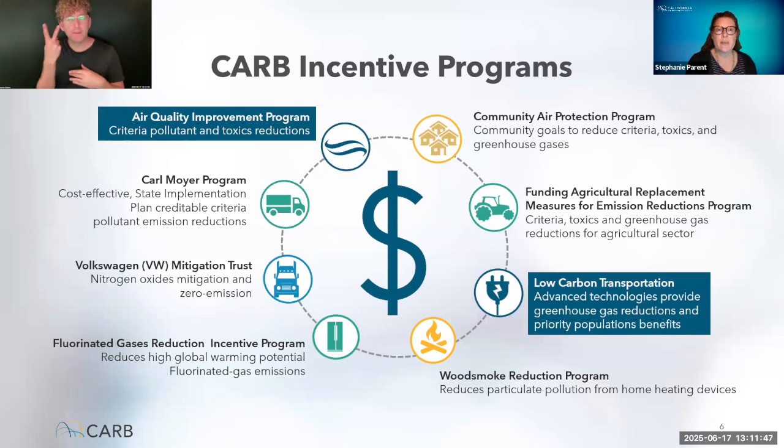Each incentive program has its own distinct goals that support the state of California's broader strategy. It's important to maintain the integrity of each program's goals to ensure that the state achieves both immediate air quality benefits and that it supports the innovative technologies necessary to meet the state's vision of a zero emission economy.